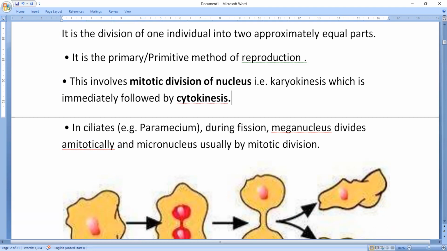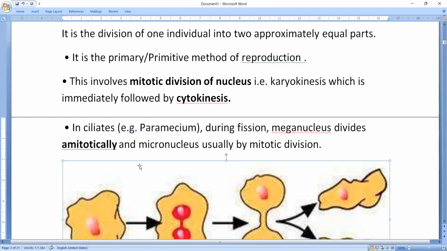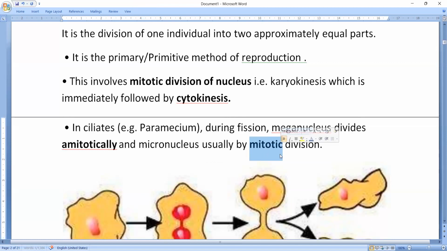In ciliates like Paramecium, during fission the meganucleus divides amitotically. This is an important point. The micronucleus usually divides by mitotic division. Amitotic division means unequal division.